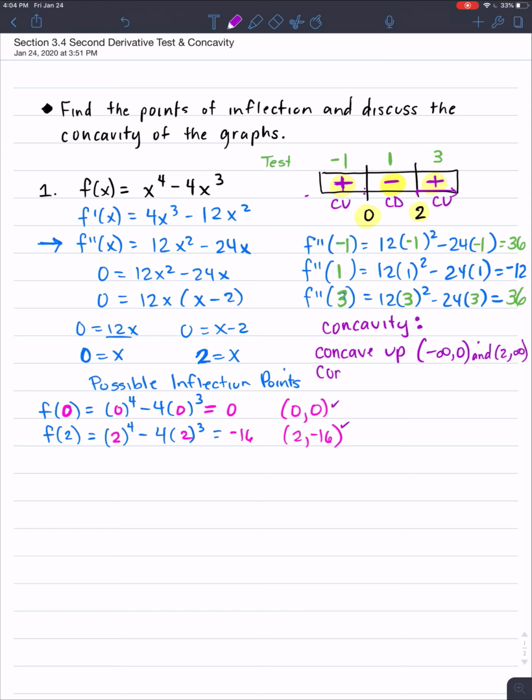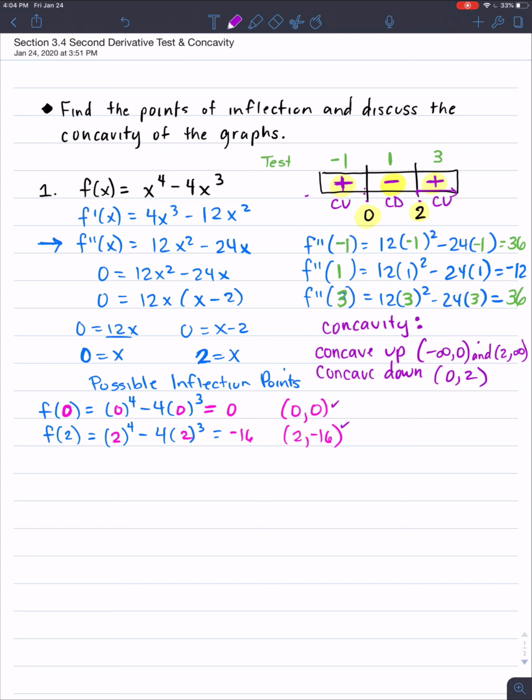It's concave down in the middle, so it's concave down from 0 to 2. So you name the interval as if it was on the number line.